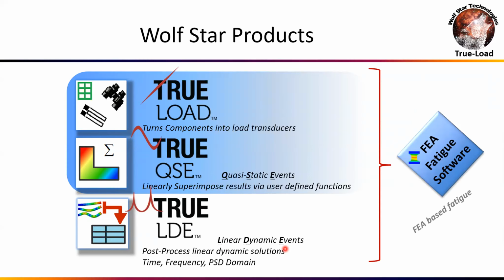That makes using FE-Safe and other tools very intuitive and easy, basically a button push. So if you've got FEA-based fatigue, we make using that software much easier, but you don't need it to use our tools, because our tools are all about getting the loading and having you understand the operating deflection shapes of your structure.